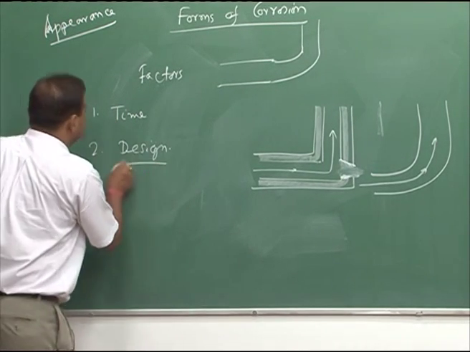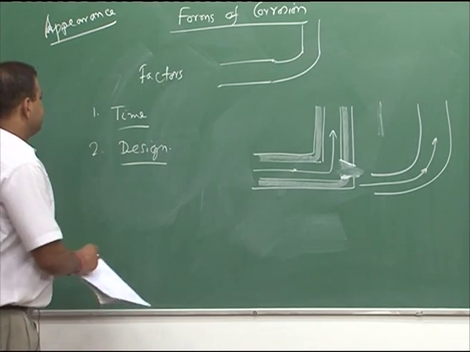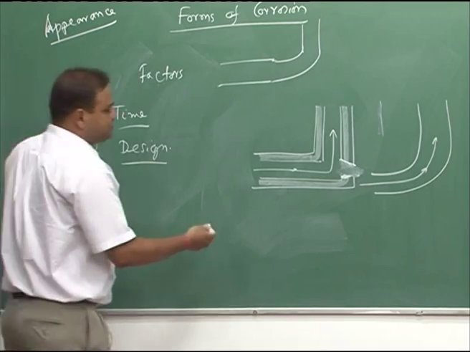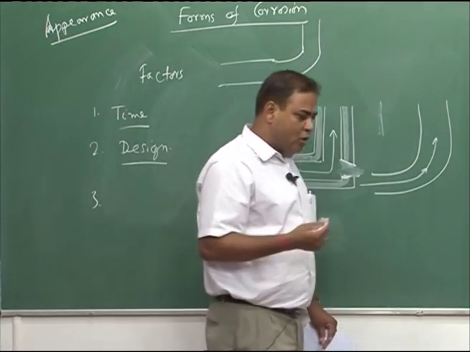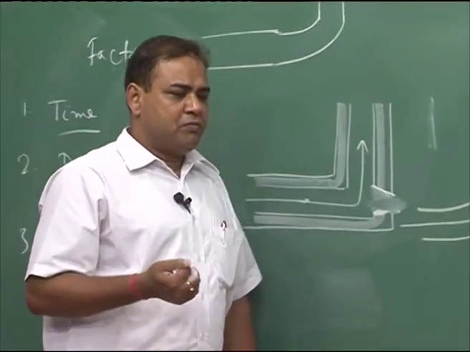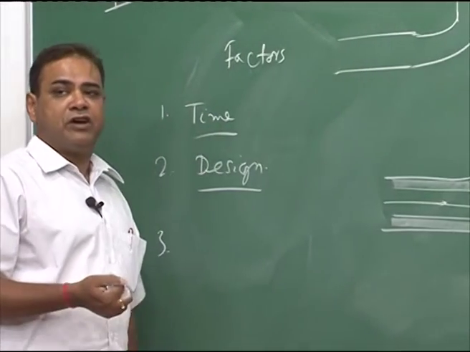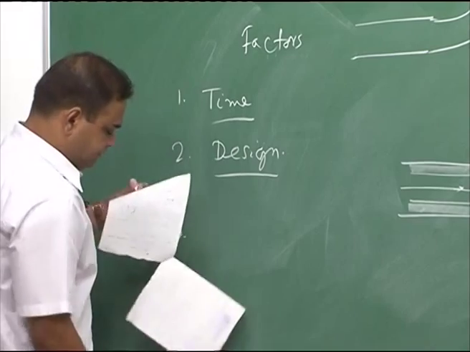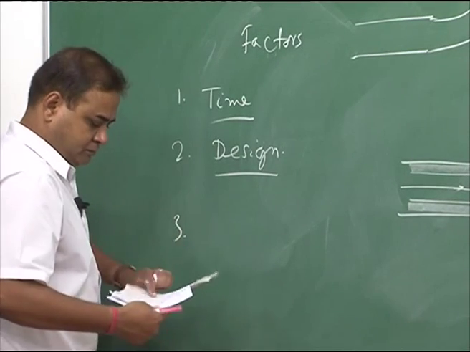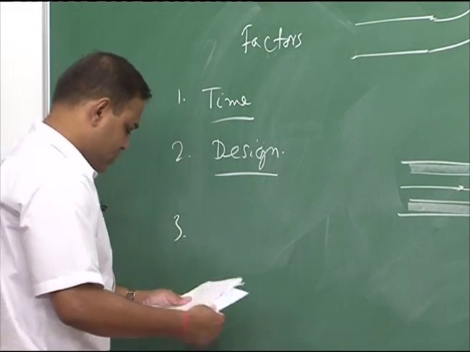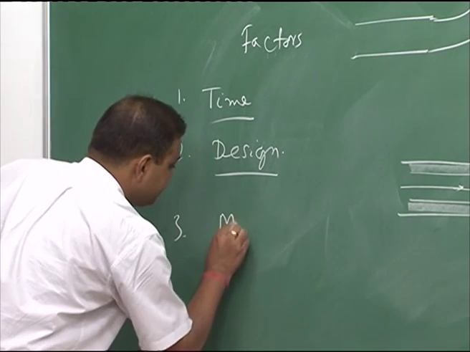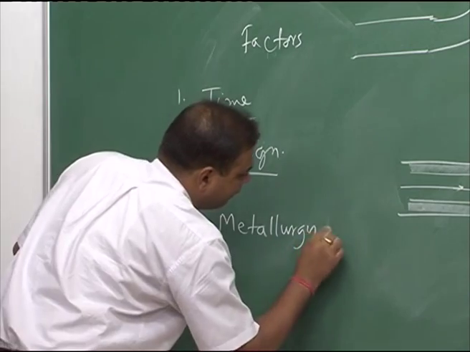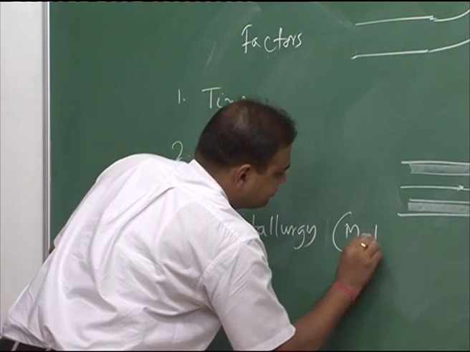So, design is definitely a factor, but now the third factor: since corrosion is generally considered for metals and alloys, we need to see the metallurgy of metals and alloys.